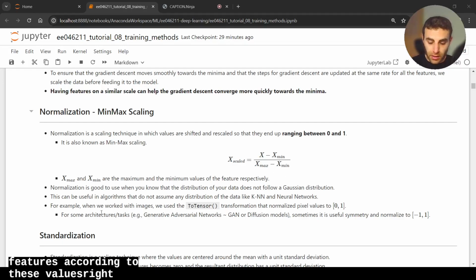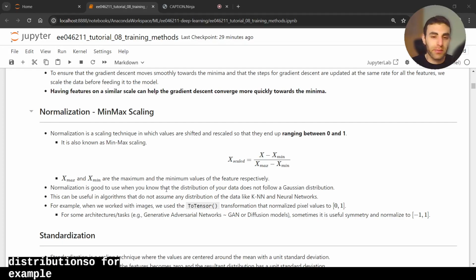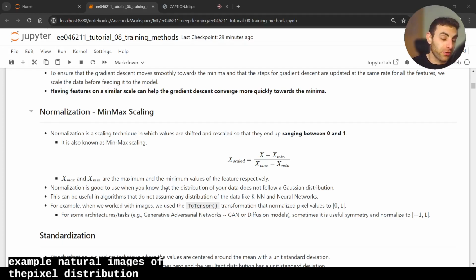When should we use this kind of normalization? In general, you should use it when your data does not follow a Gaussian distribution. So, for example, natural images, where the pixel distribution is usually not Gaussian. But it can also be used for other algorithms such as KNN and of course in neural networks.